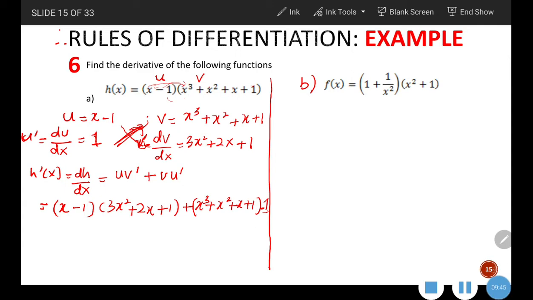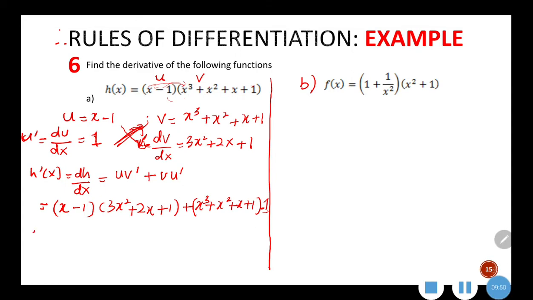But sometimes the question will ask you to simplify, so you may proceed to simplify the answer. What I mean by simplify here is to multiply and expand.